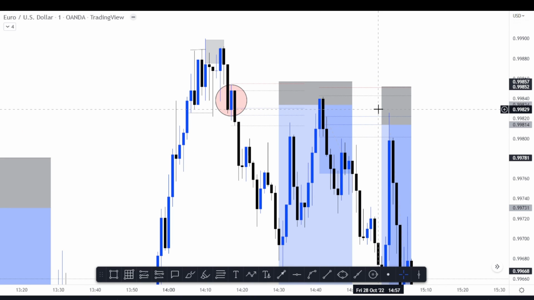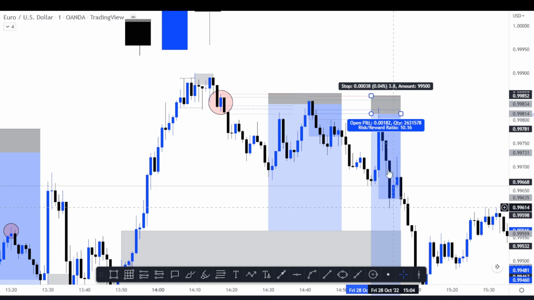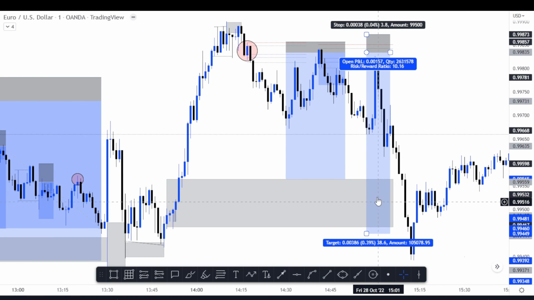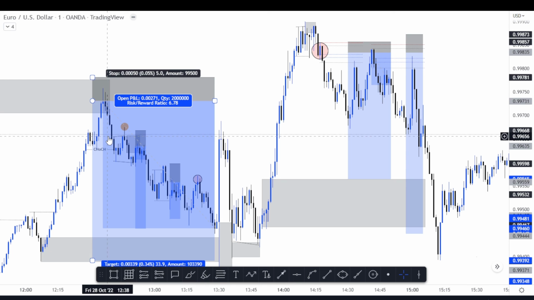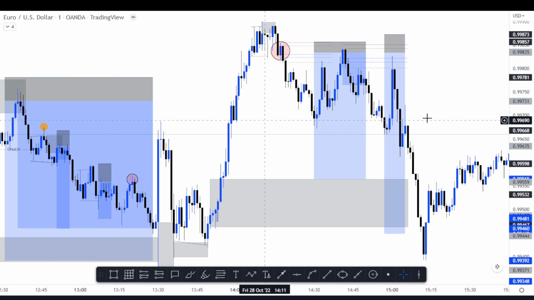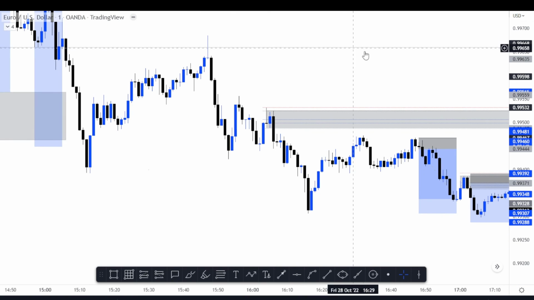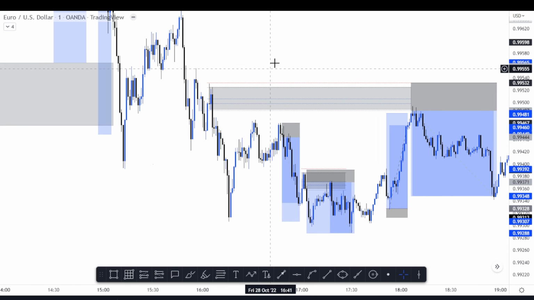Price comes in, tapped in, and pushed away. Boom. 1 to 10. This one is 1 to 11. This one is 1 to 6. This one was 1 to 5. So this is something, it is for real. I'm not just saying this because I want to. It's actually for real.